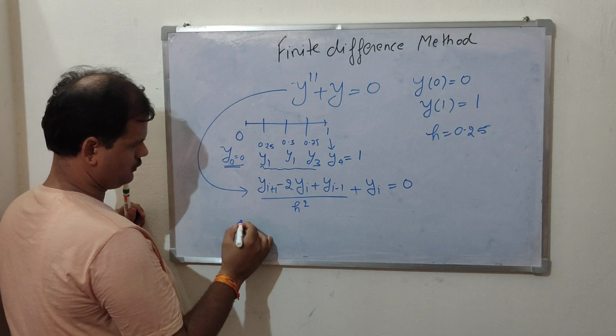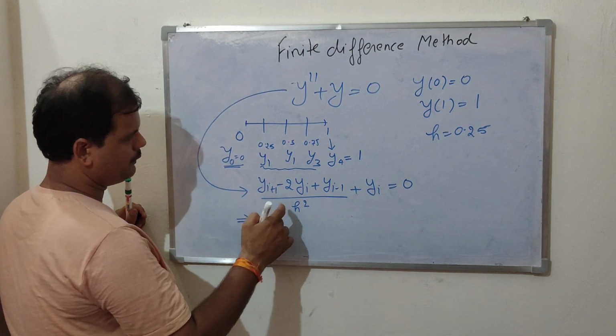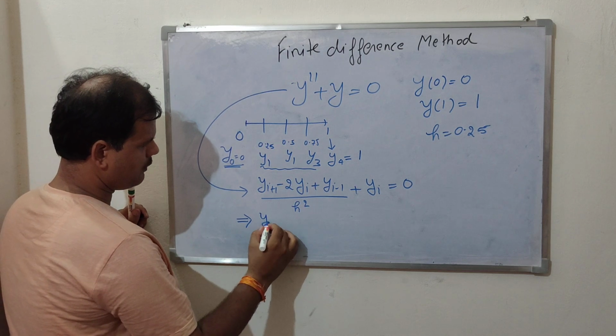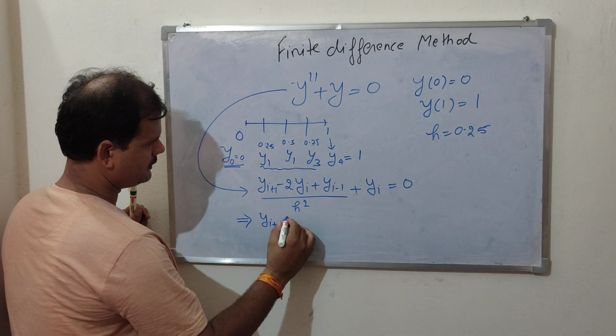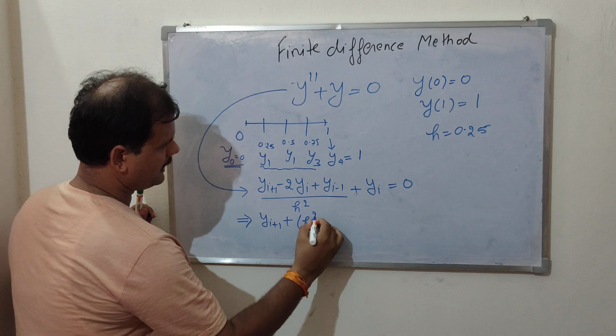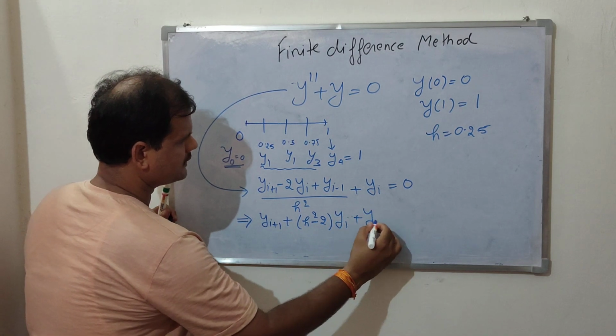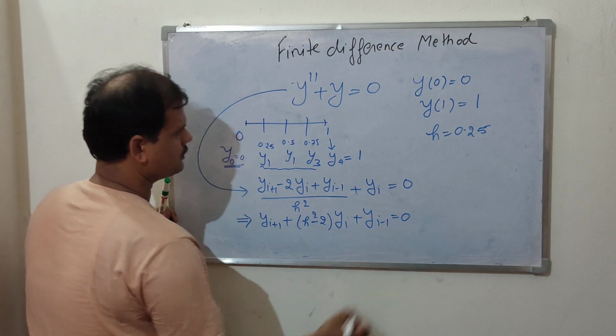Now if you collect the coefficient of y_i, we get y_{i+1} plus (h square minus 2) y_i plus y_{i-1} equal to 0.